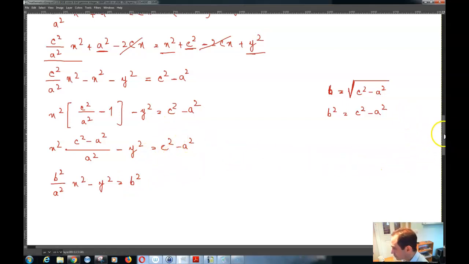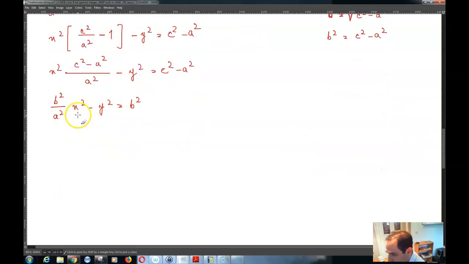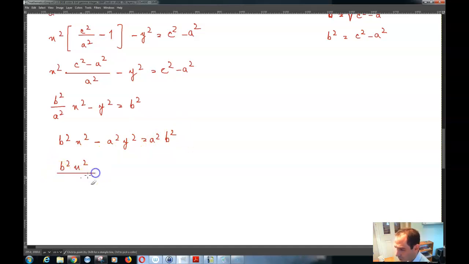And now if I multiply basically by a squared, I will get b squared times x squared minus a squared y squared is equal to a squared b squared. And if I divide by a squared b squared, I'll get b squared x squared divided by a squared b squared minus a squared y squared divided by a squared b squared is equal to a squared b squared over a squared b squared.